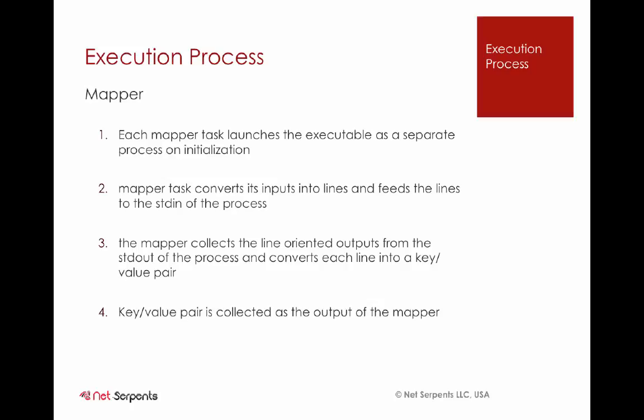The mapper collects the output from the process and then sends that output over to the reducer. The reducer further takes that output, processes it, and sends its own output back to the reducer process, which then sends it back to the utility that puts the output into an output folder.